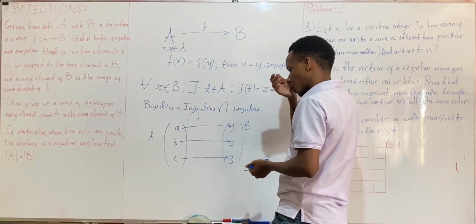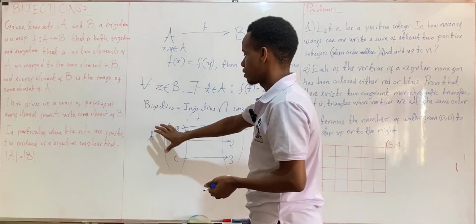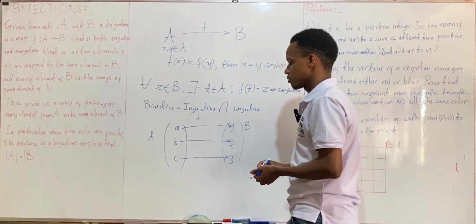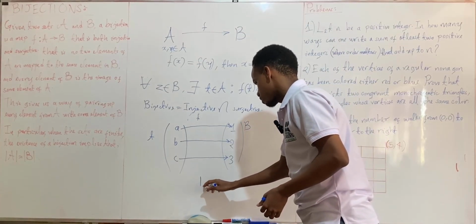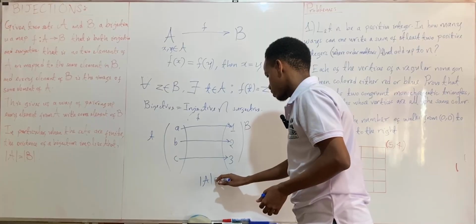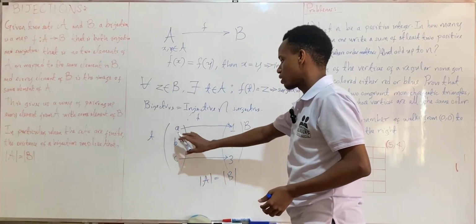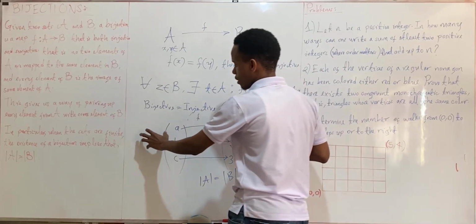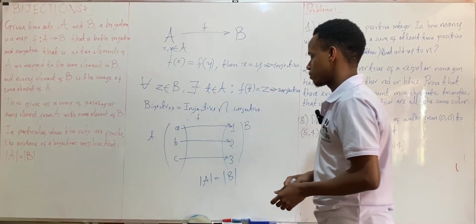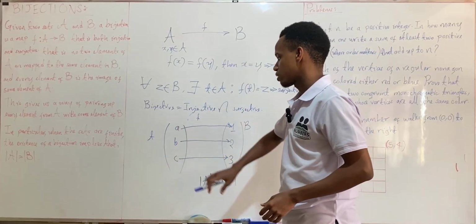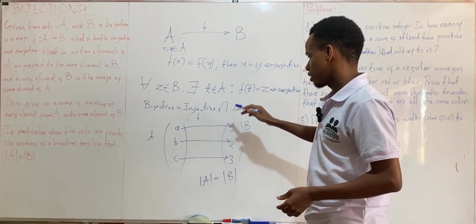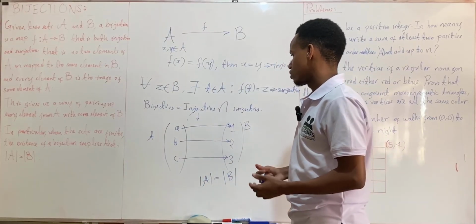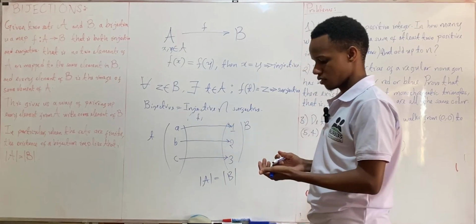So whenever you have a set A, a set B, and the existence of such a function which is bijective, this implies that the size of A has to be equal to the size of B. Mostly, of course, because when A and B are finite sets, this bijection implies that there are as many elements in the set A as there are in set B. So we have this equality, which is brought about by this bijective function.